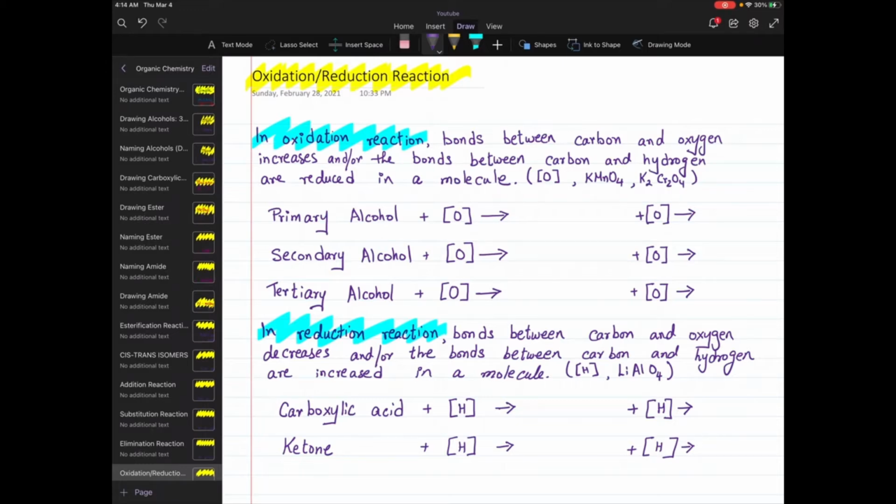So instead of the carbon being single bonded to the hydroxyl group, the carbon will be double bonded to the oxygen at the end of the molecule. When a carbon is double bonded to the oxygen, a carbonyl group, at the end of the molecule, we make an aldehyde.